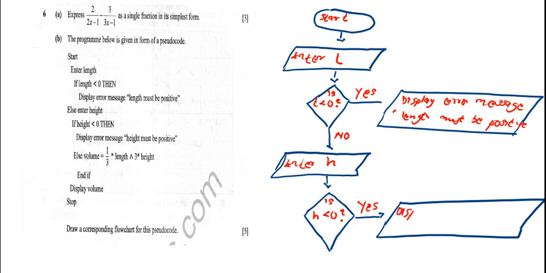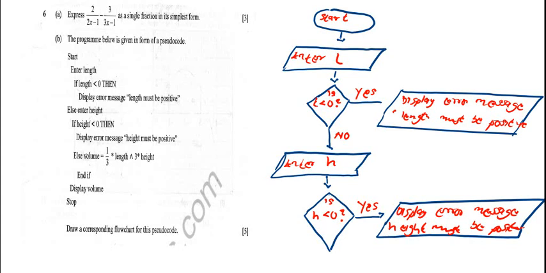Here you display error message: height must be positive. Else, which is a no.